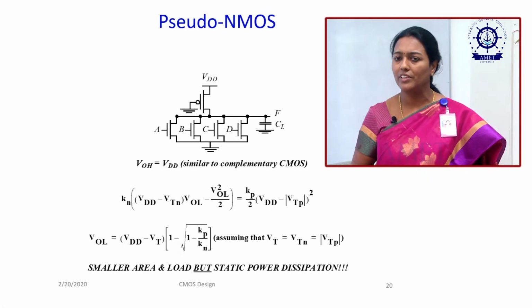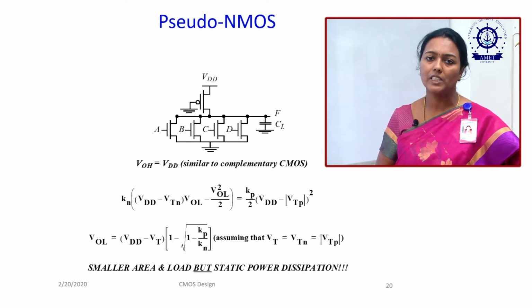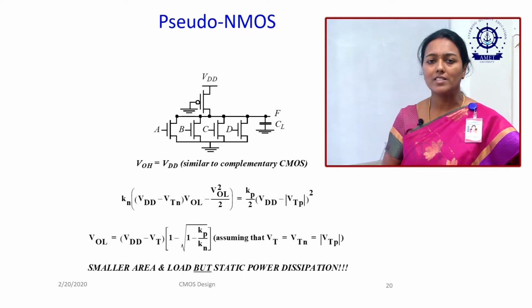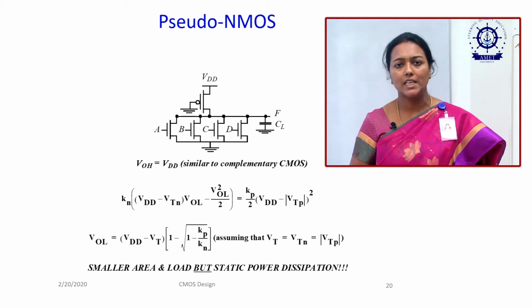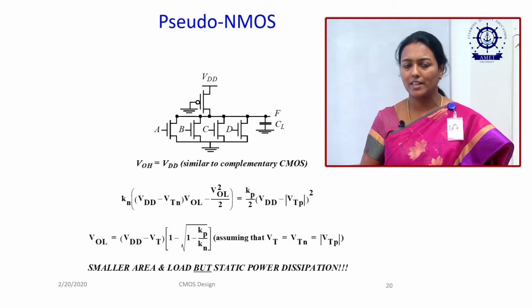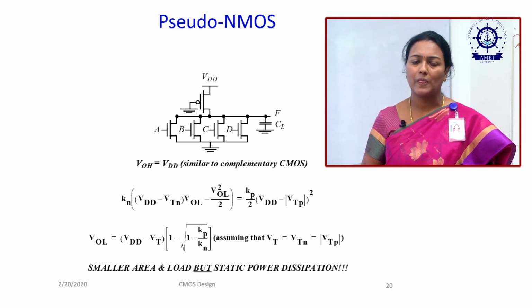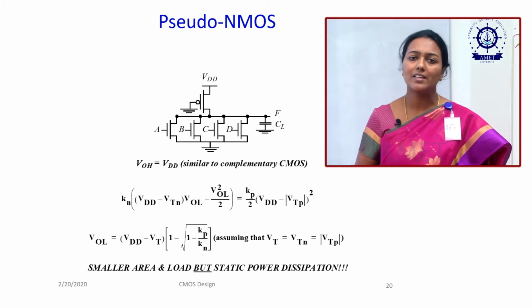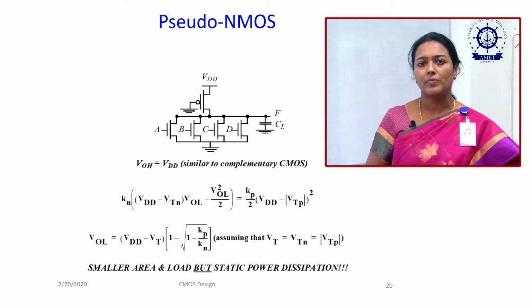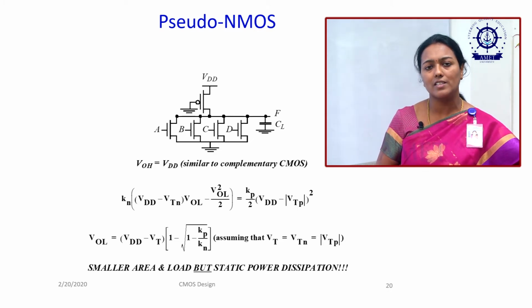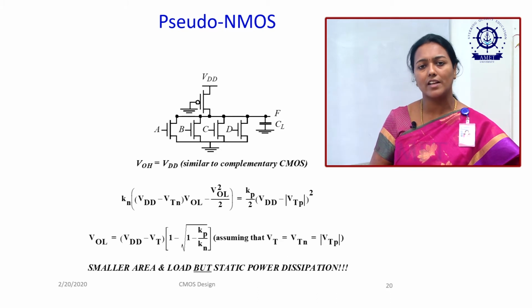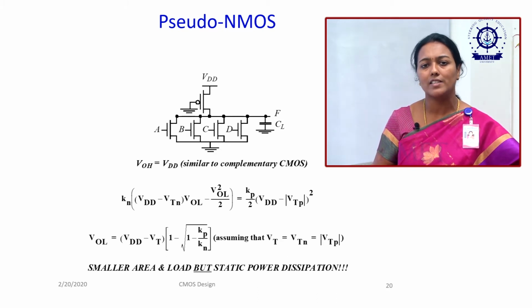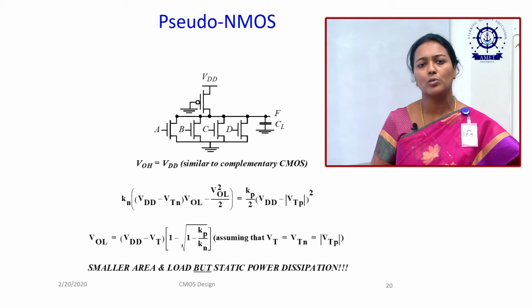One example is given here, pseudo NMOS. Here 4 transistors A, B, C, D are connected in parallel. So, now we can understand the output of this logic. The PMOS transistor conducts current since the gate of the transistor is connected to 0. So, it always conducts, it acts as a load, current will be flowing through the device.